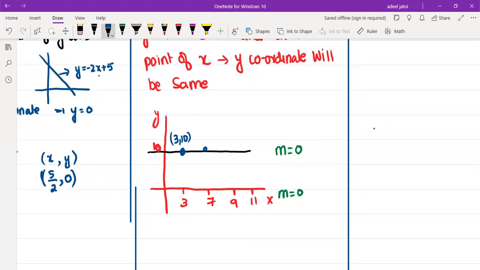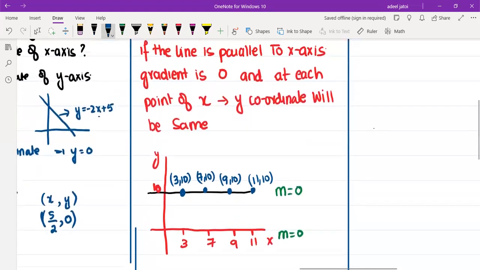This particular point will be 7, 10. This point will be 9, 10. This point should be 11, 10. Now, what does it represent? It represents the same statement: at each point of x, the y coordinate will be the same because it is parallel to the x-axis.